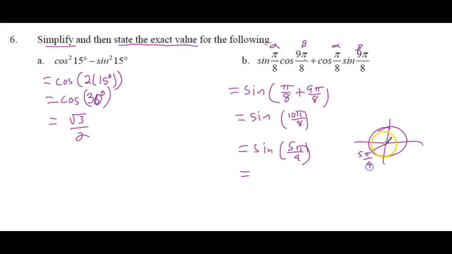There's 5 pi over 4, because this is pi, which is 4 pi over 4. So it has the same value as a reference angle pi over 4, but with a negative, so it's negative root 2 over 2. You're just supposed to know that anyways, right? Okay, no hidden thing to unhide here.